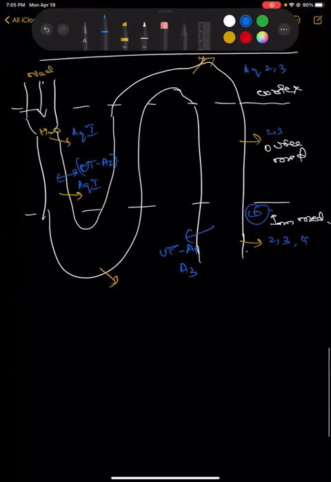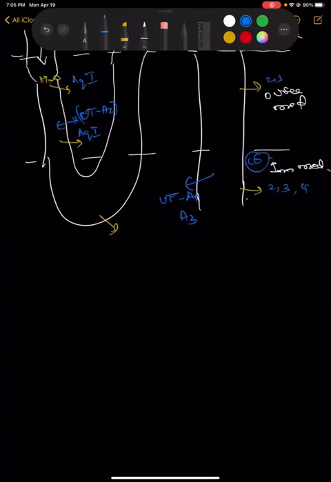So this is about water reabsorption. I'm not going in depth about water reabsorption as of now because our topic doesn't concern that, but since it was important here, I had to mention it.